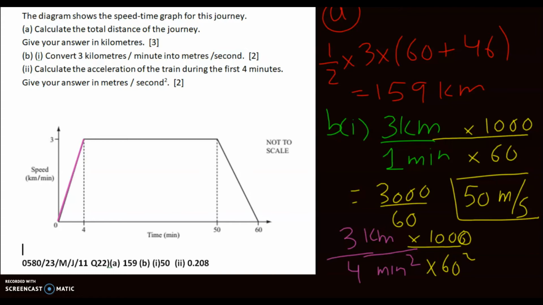This is giving me 5 upon 24, which is 0.208 rounded off. That's the answer, meters per second square.